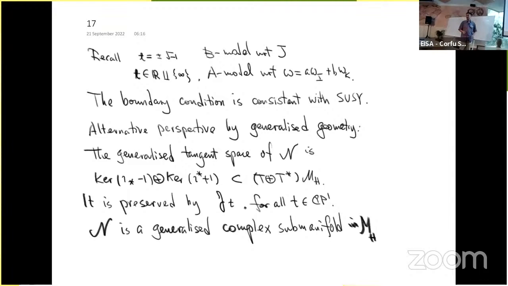So even if the bulk theory has this amount of supersymmetry, if you put the wrong boundary condition, it may no longer have that kind of supersymmetry. But fortunately, this is not the case.